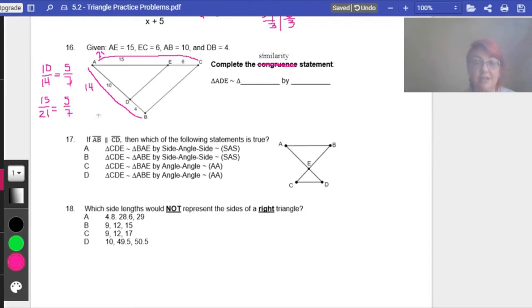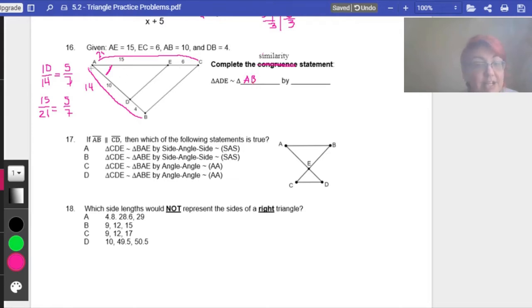So, as you can see, they are similar because the sides are in proportion, and we have our reflexive or shared angle right here at angle A. So, because A is a shared angle, I know that A is going to match A. So traveling from A to D, I traveled the short side, and what matched that was AB.